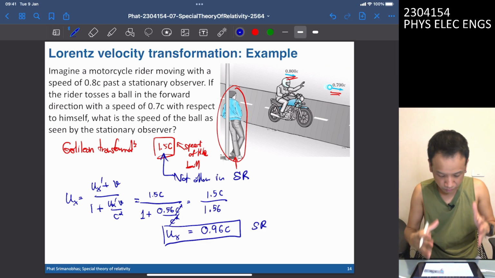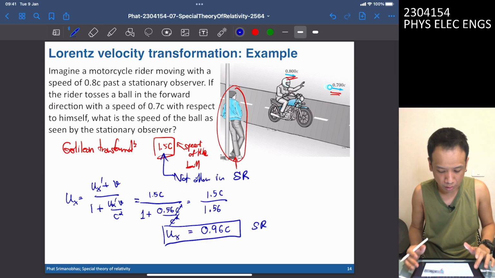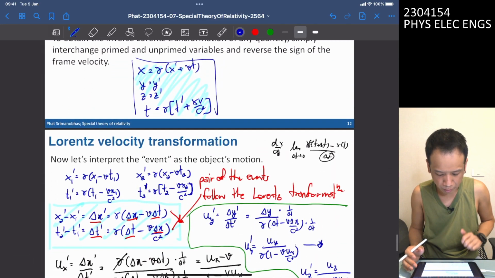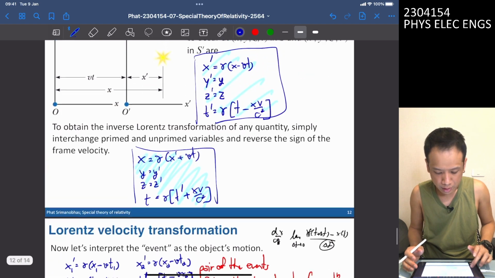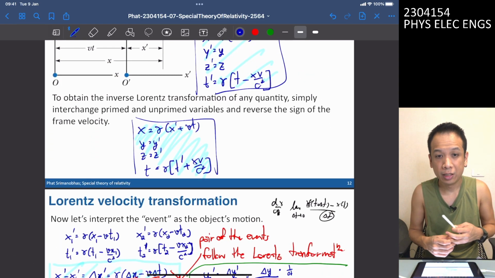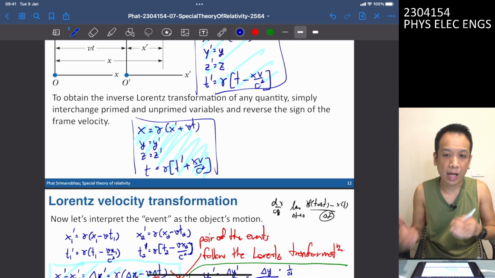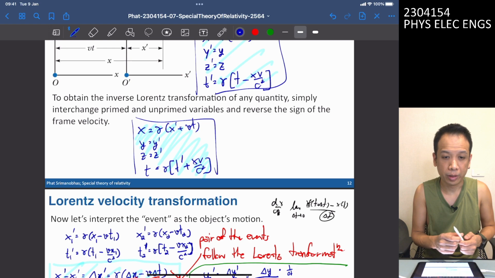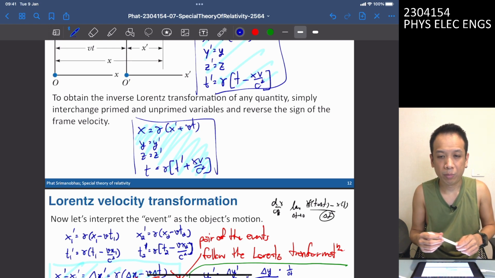But the really key point is the Lorentz transformations and the pair of events. I know you have the exam on Wednesday, but I hope you still have time to study this one. I will try to release the second video by the end of the week, and maybe the third one, so that you have a chance to look at it and get familiar with it before we do the exercise next week.